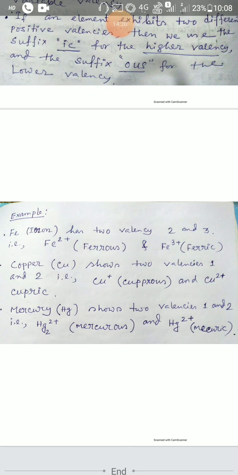For mercury with +1, the formula is not actually written Hg+; it is written Hg2 2+, that is, for each Hg the charge is +1. So mercurous means Hg2 2+, and mercuric means Hg2+.